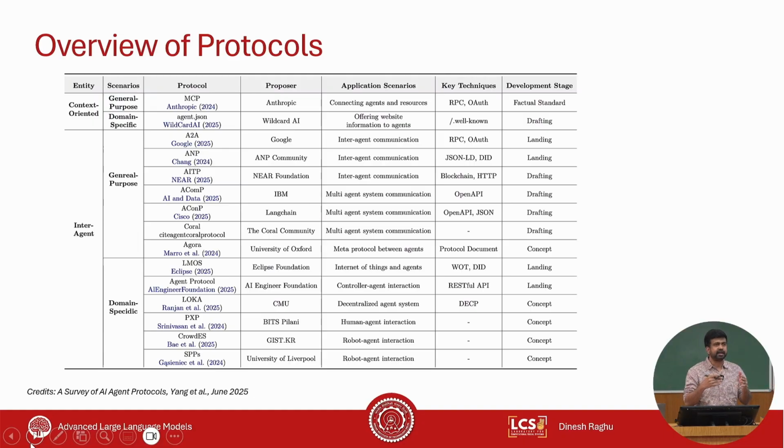And what type of communication should happen between two agents so that they can form a handshake and then leverage each other's advantages? Those are all inter-agent protocols, and as you see here, almost all of them are 2025 and going forward, so they are at a very early stage.